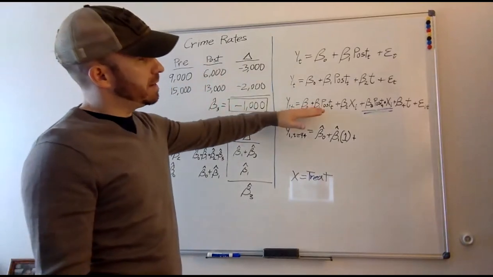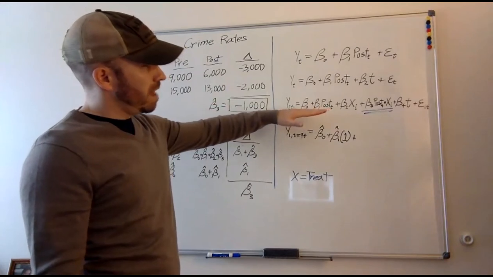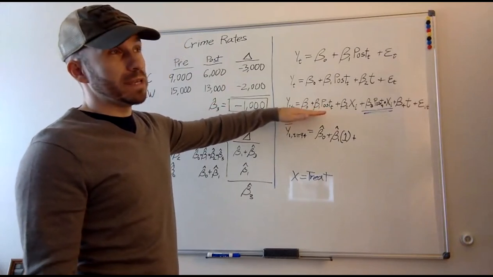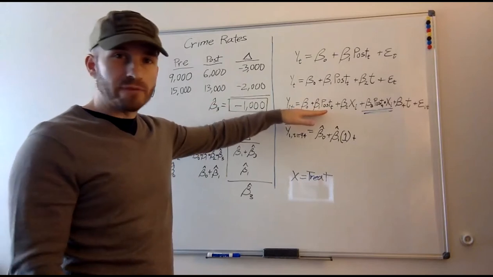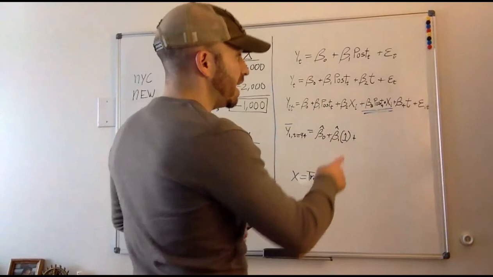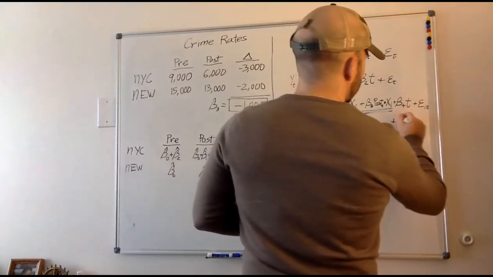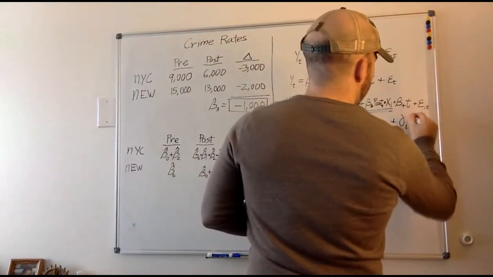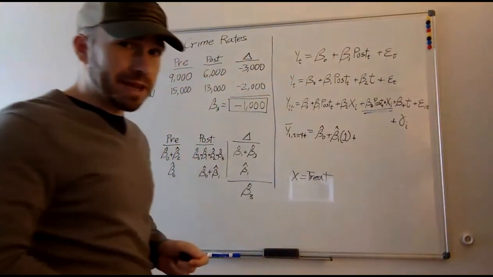Then I might want to include a city fixed effect, for each of those cities to have their own fixed effect. And that is fine. I can add that fixed effect to this equation, just a gamma i or something like that.